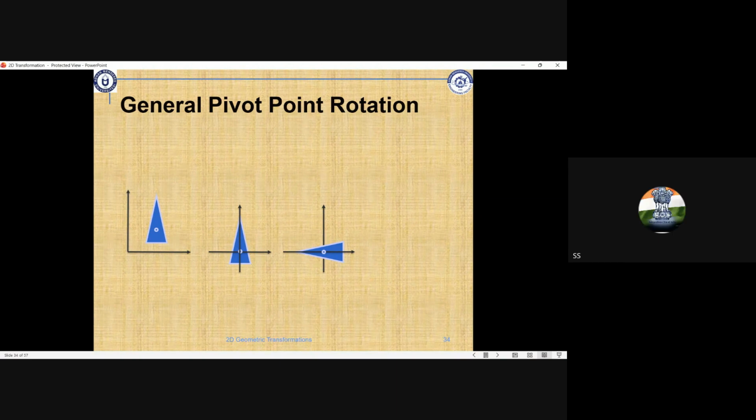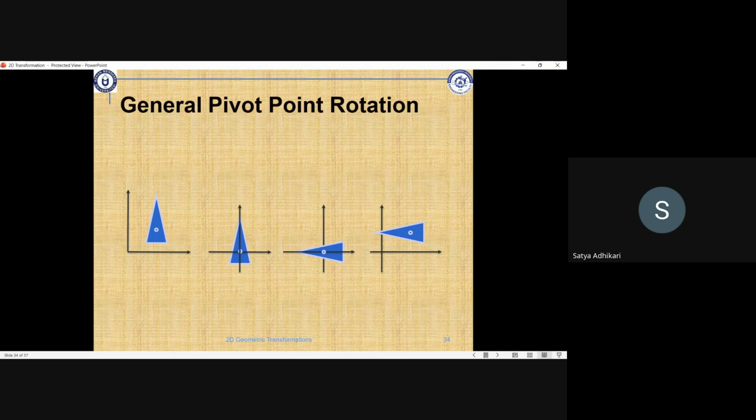Once it is rotated, we have to translate again, because it is not my original position. You see the output now. I am again translating that point to its original position. What have I used here to get this?